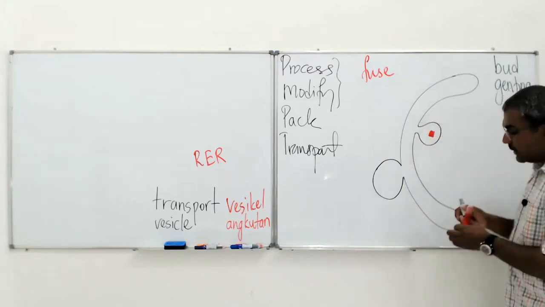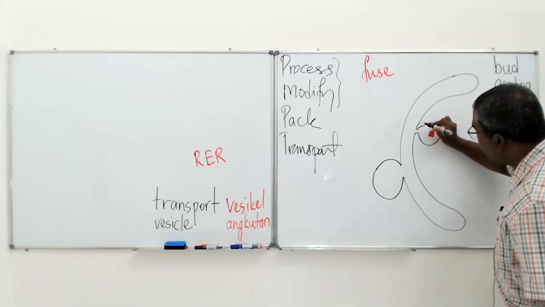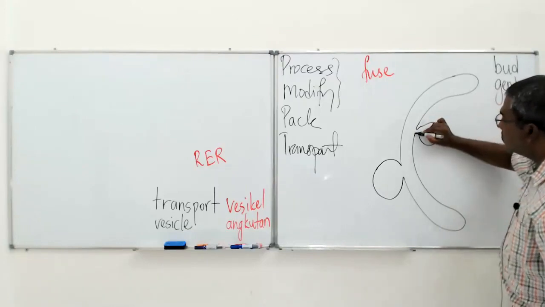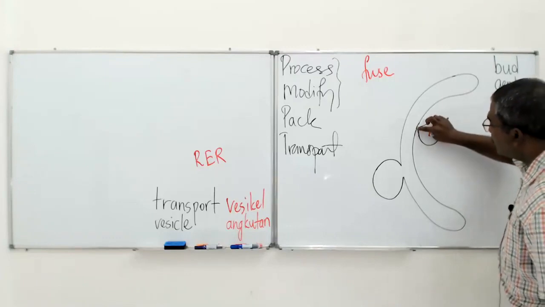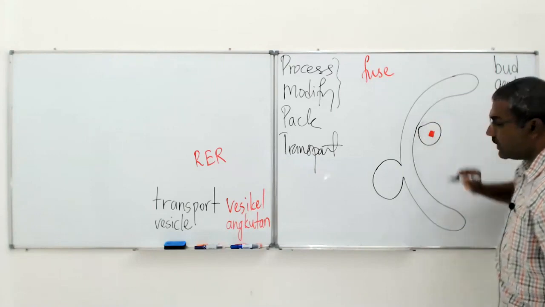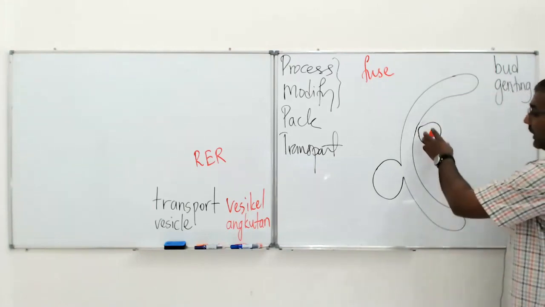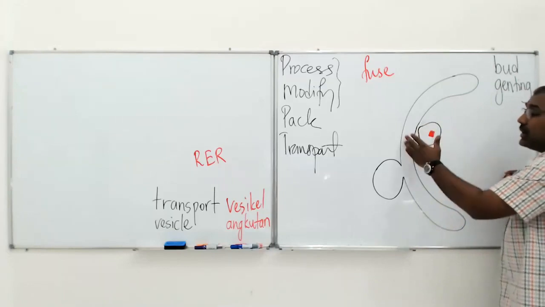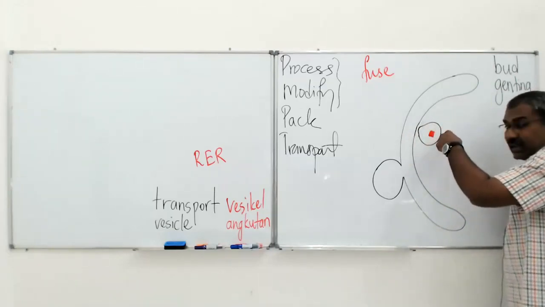So contohnya macam ini. Yang ini akan tutup, ini pun akan tutup, bentuk, kemudian putus. They break off, bud off. Ini cara bagaimana enzim tadi keluar daripada Golgi apparatus dengan membentuk benda ini.